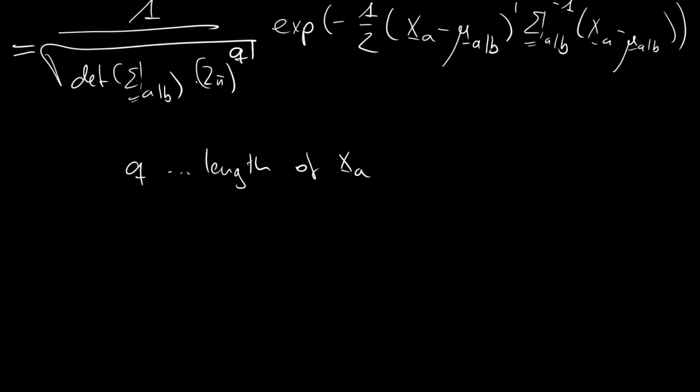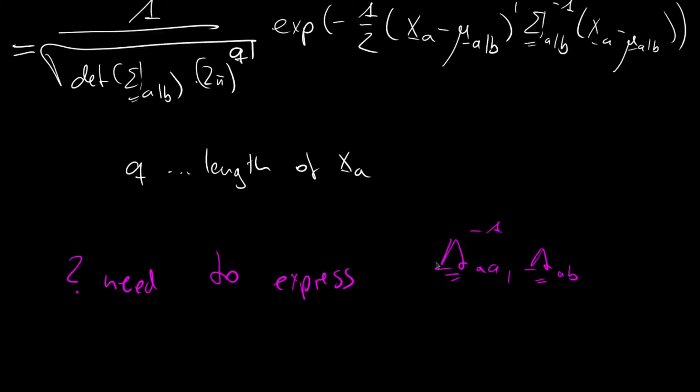Let me phrase it as: we need to express the lambda AA inverse and the lambda AB in terms of sigma AA, sigma AB, sigma BB, because we don't need sigma BA, because it's just a transpose. How should we do this?